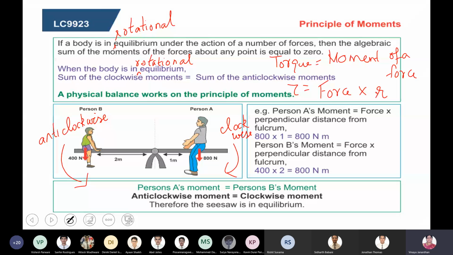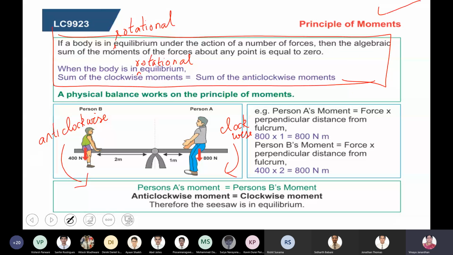So I need you to write this statement, the entire statement. These should be written as the principle of moments. If a body is in rotational equilibrium under the action of a number of forces, here what are the forces acting? 800 Newton at one end, 400 Newton at the other end.